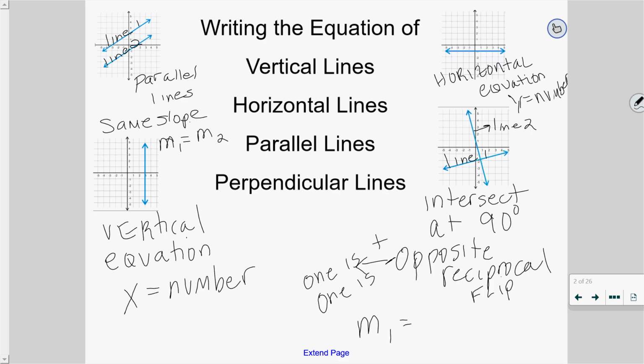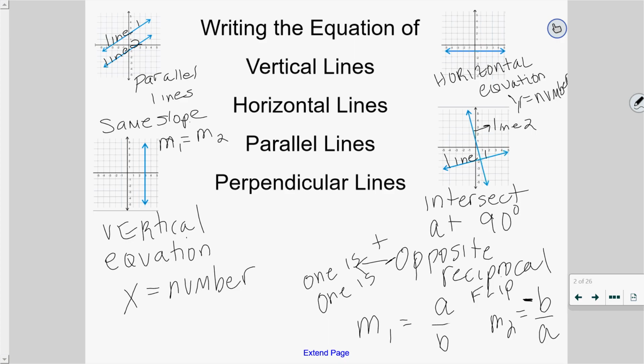So the slope of any line, I'm just going to say A over B. Quinley, what do you think I mean when I say flip? A over B, if I flip it, what is it going to be? B over A. So I flip it. And then one's going to be positive. The other one has to be negative.